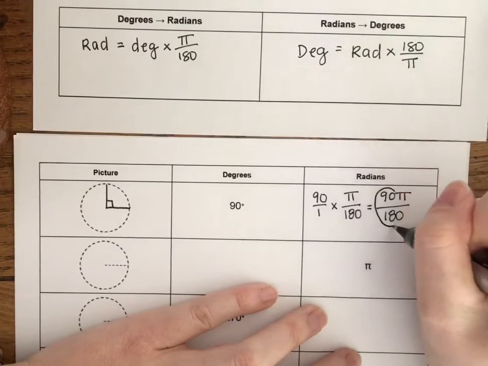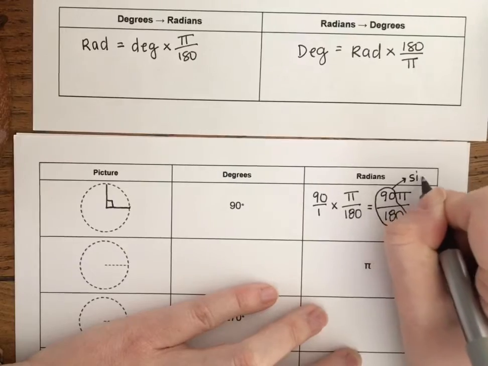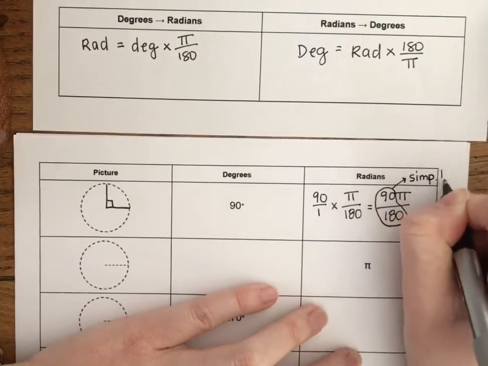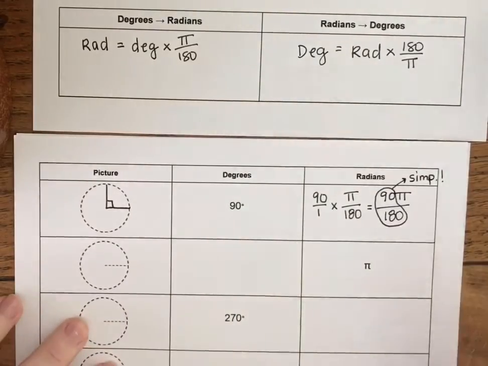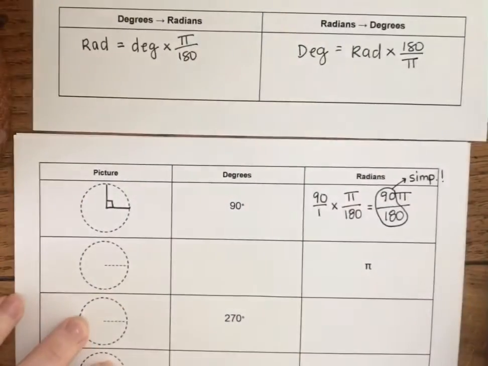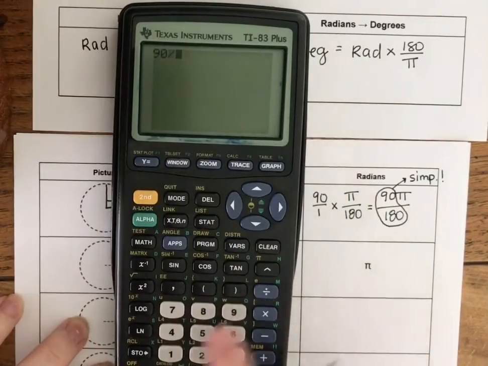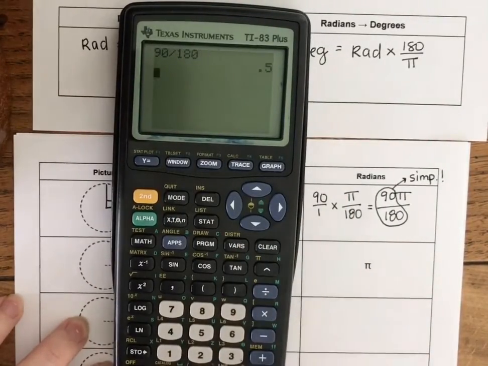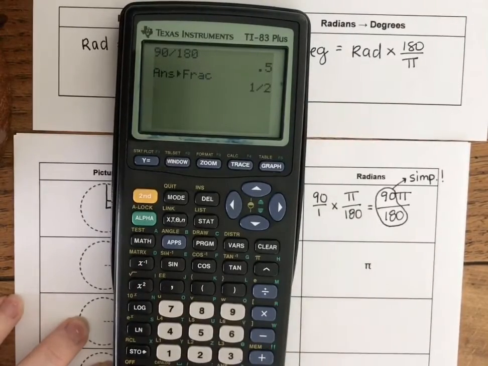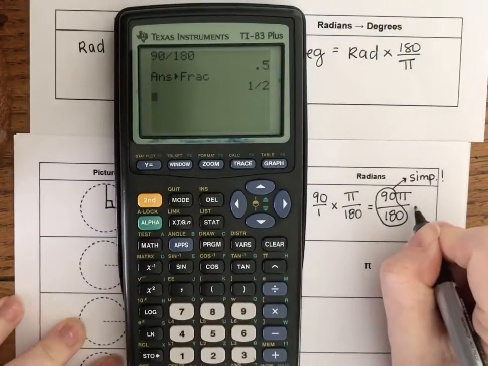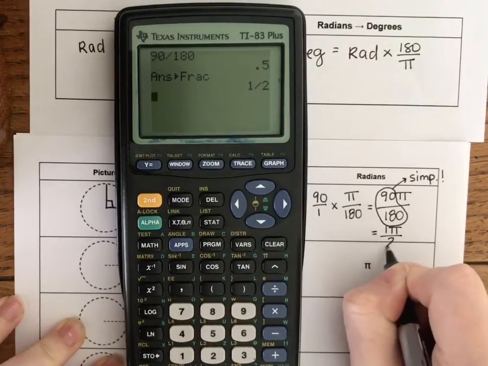But the fraction 90 over 180, I do want to simplify if I can. Really easy way to simplify: in my calculator, if I have 90 over 180, my calculator gives me the decimal. Math, enter will give you the fraction. So this is going to actually be 1 pi over 2.